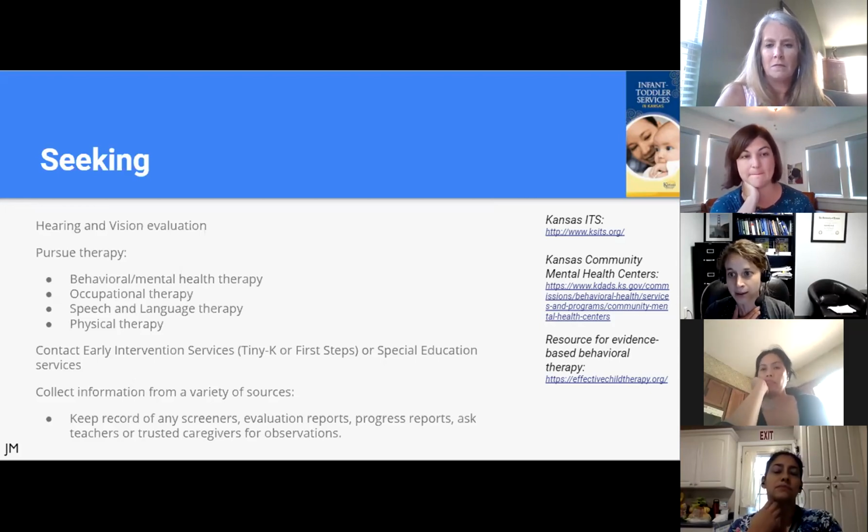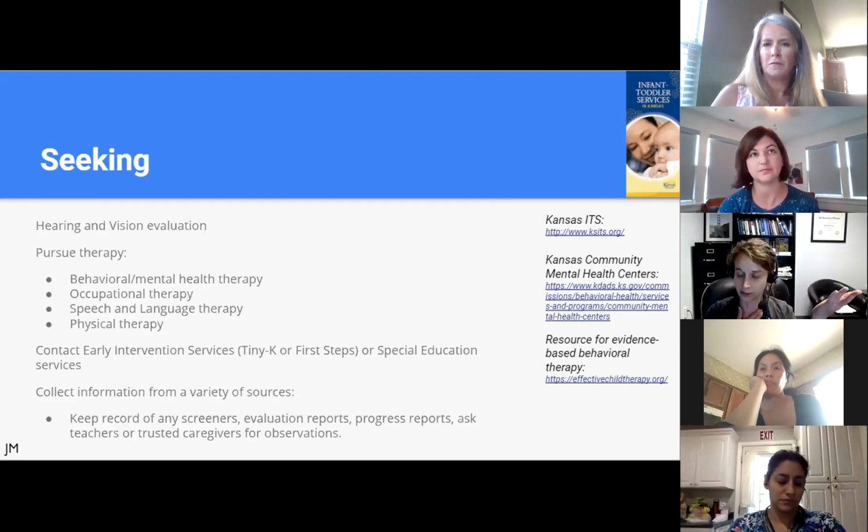The reason why I'm saying that that's so common is, one, there's a really high co-occurrence rate of autism with mental health conditions like ADHD and anxiety, which would all benefit from mental health interventions. But also there's a really high co-occurrence rate of things like meltdowns, outbursts, tantrums, or aggression.